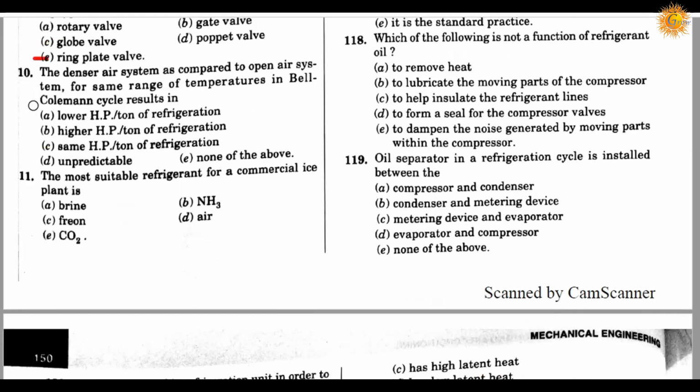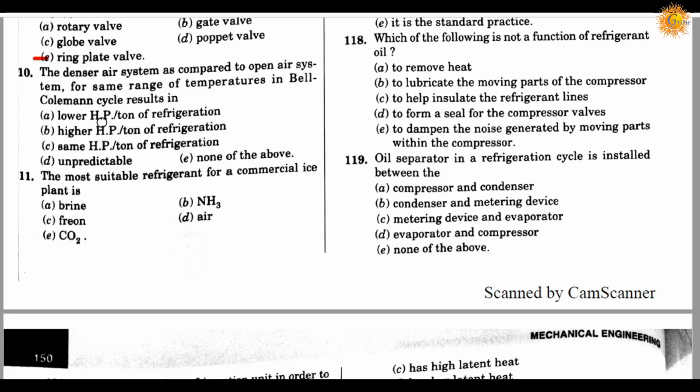Question number 110. The denser air system as compared to open air system for the same range of temperatures in Bell-Coleman cycle results in: Option A, lower HP per ton of refrigeration.